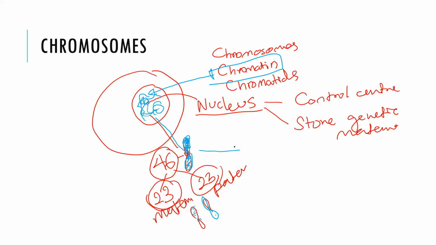During cell division, the chromosome replicates itself like this, so you have two similar strands. This whole thing is called a chromosome, and this whole thing is also called a chromosome. And these separate strands, the equal looking strands, are called chromatids.